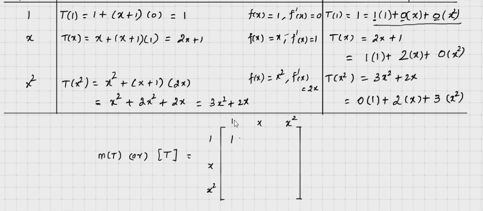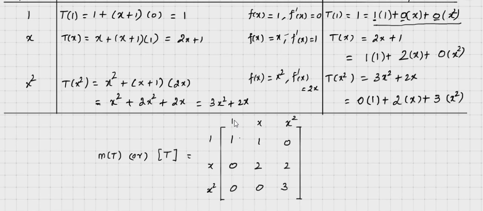For that purpose only we are writing 1, x, x square in order in all the problems. These were the basis of the output set. So simply we have to write the coefficients straight away here. So here 1, 2, 0. These were the coefficients. Here 0, 2, 3.